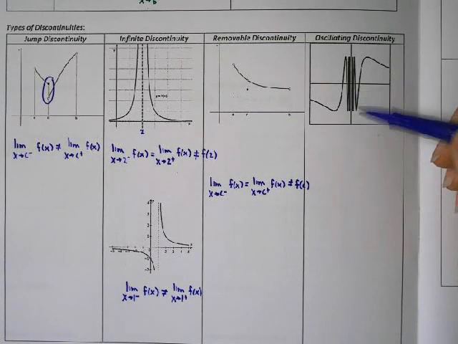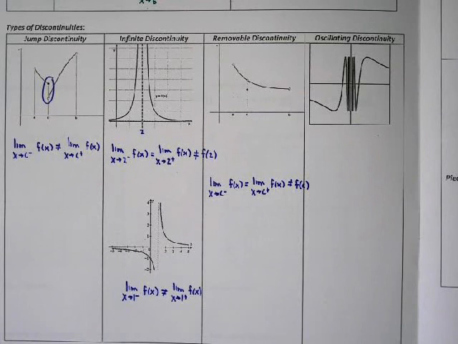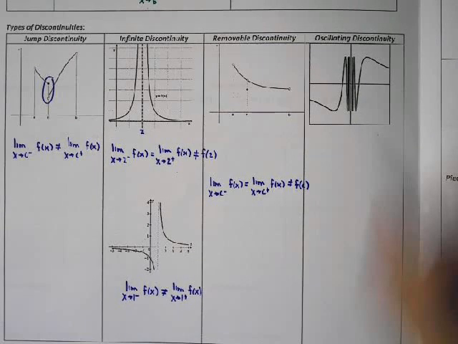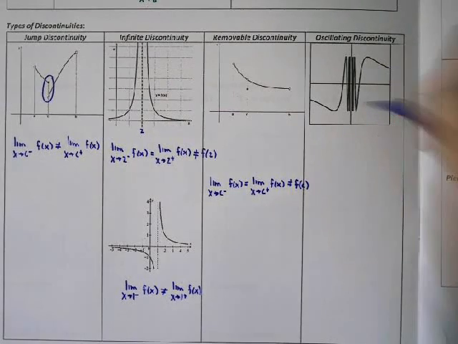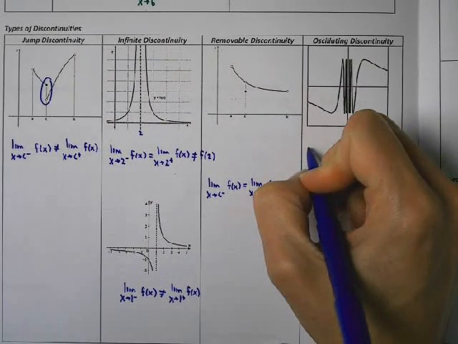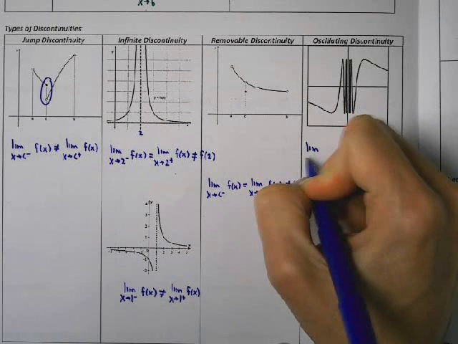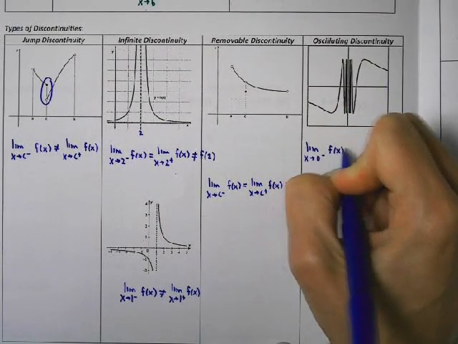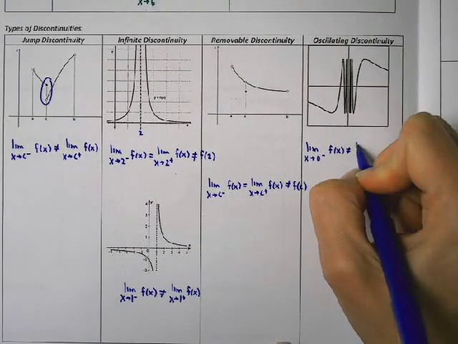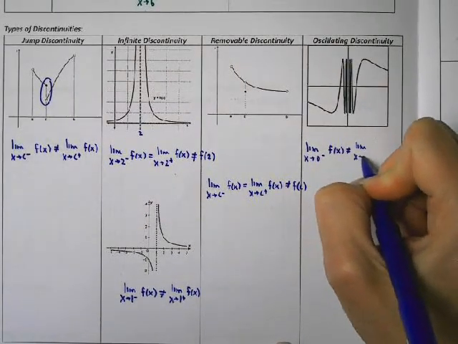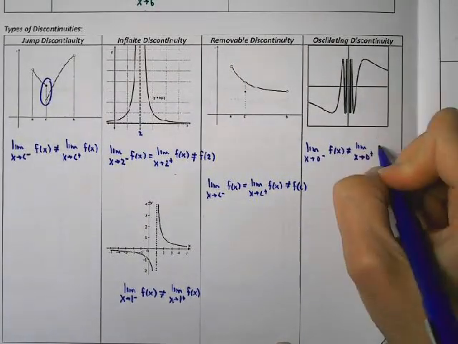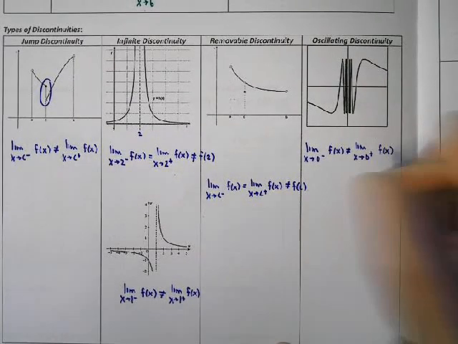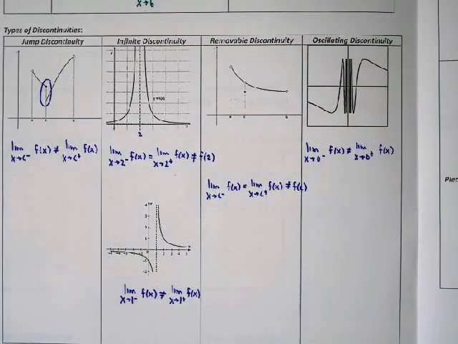Finally, we have this oscillating discontinuity, and we said this occurs when we have trig functions. Because this is moving up and down so quickly, it's not converging on a value, so we have the case where the left and right limits are not equal. And that's how we would justify that this function is not continuous at 0.